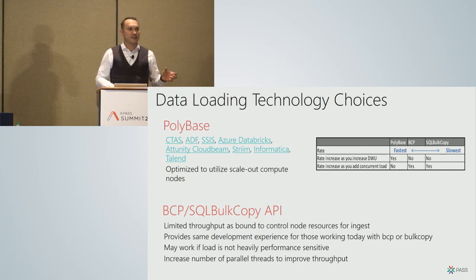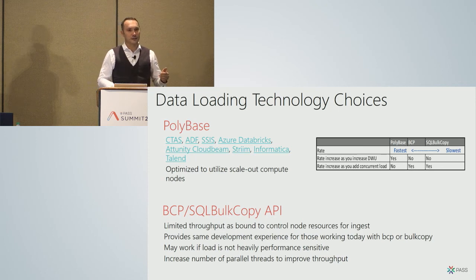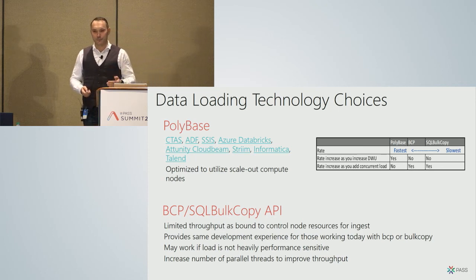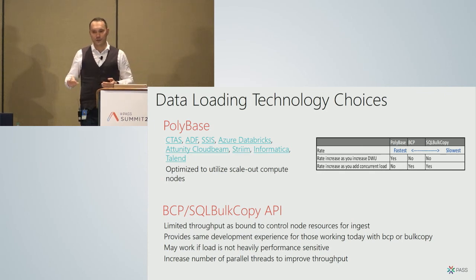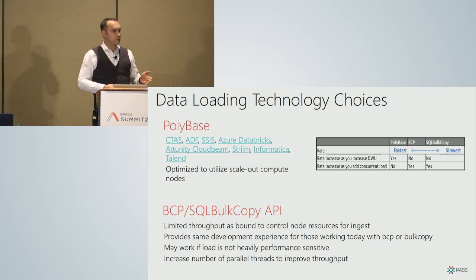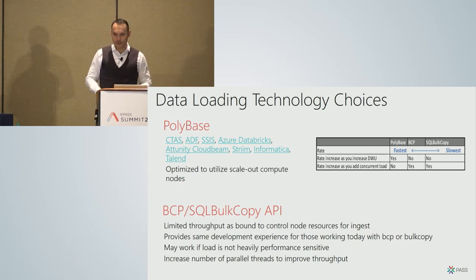And they will consume the network connections you have on the control node. You can still use the bulk copy API and parallelize your workload, but you'll be consuming the network connection capacity on the control node. So it is an option, and you can get great results there, but it's way easier to push the data using Polybase.